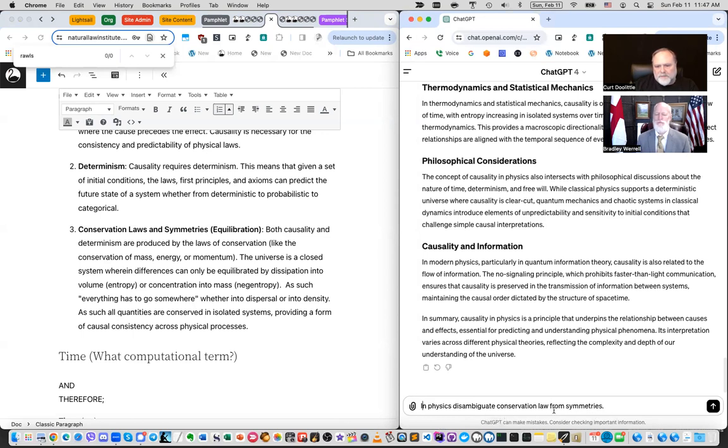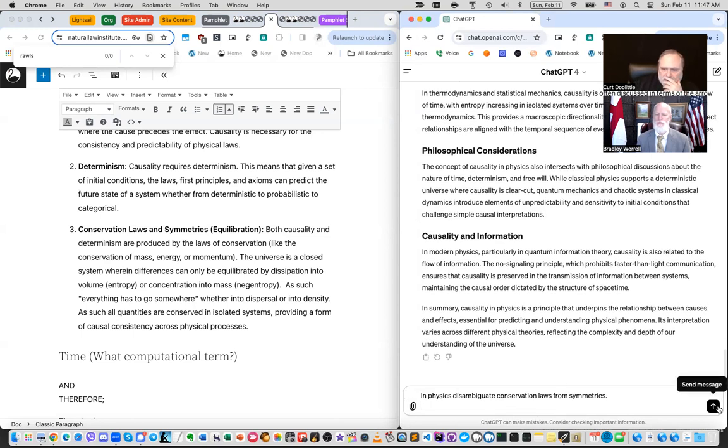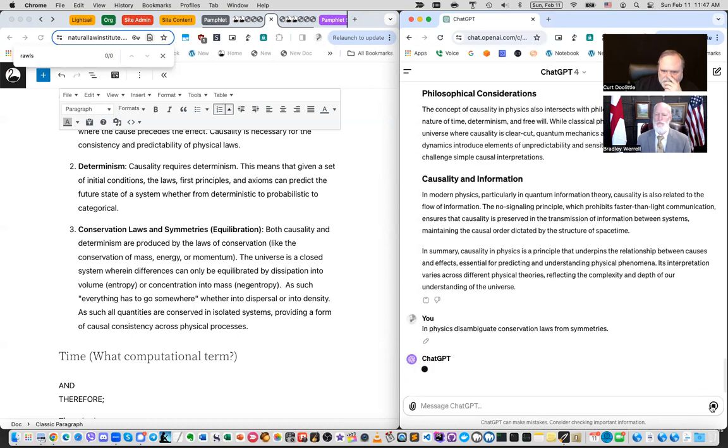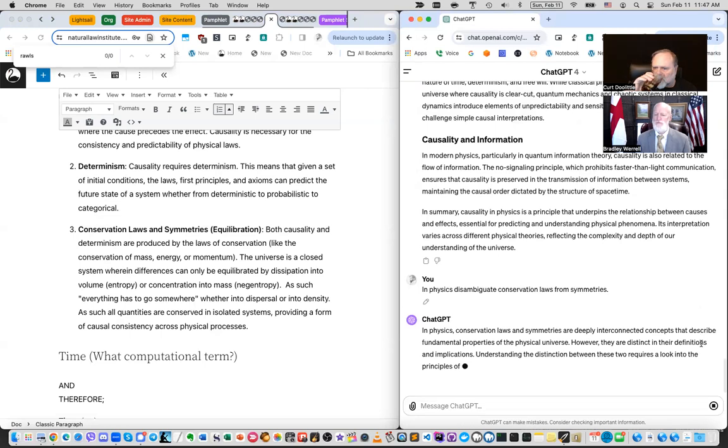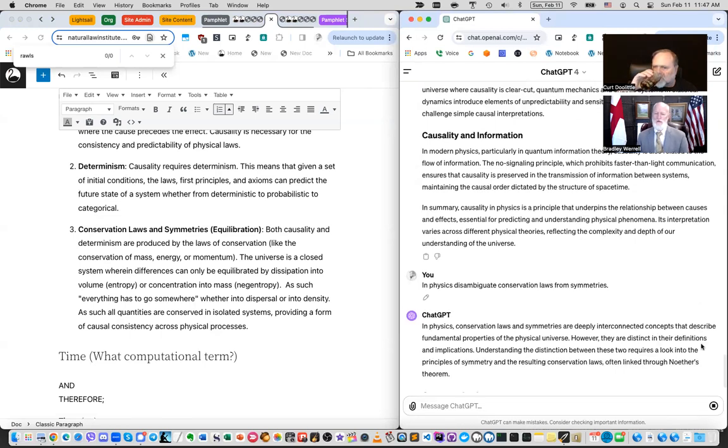So I haven't got symmetries worked in there, and I want to make sure I can do it. It used to just do it if you hit enter. Now you've got to click the button. It's a whole extra click.